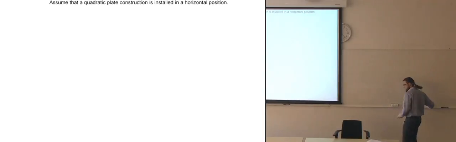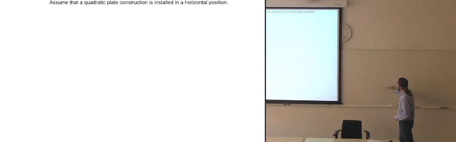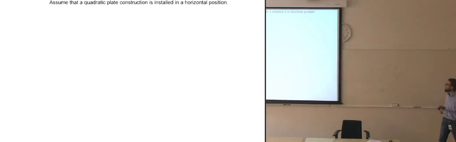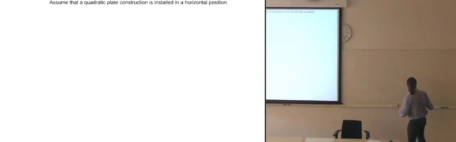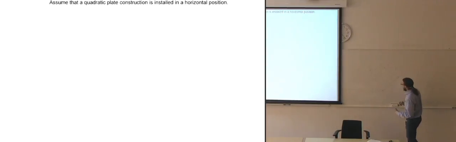So we basically have a plate, and it has equal length on all sides. We can just call that the length A. So it's completely quadratic, and it's being installed.